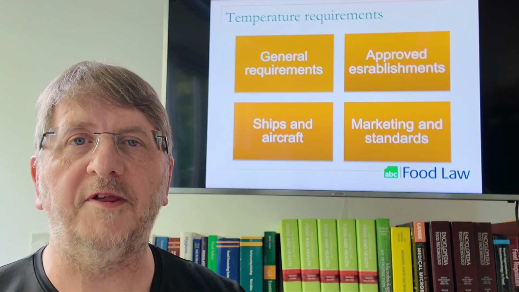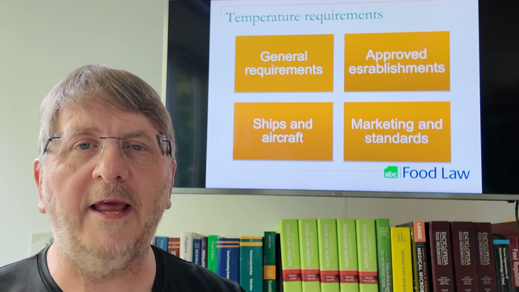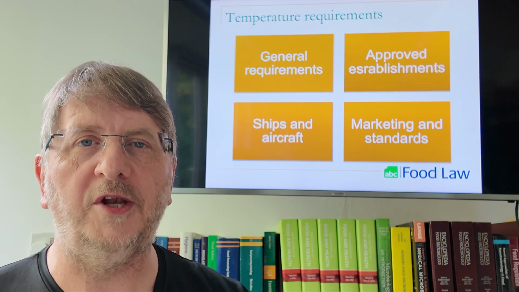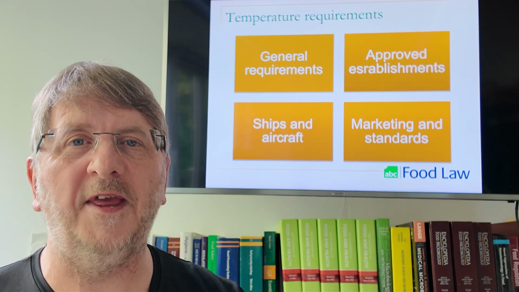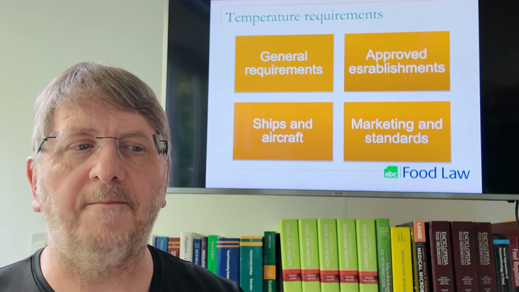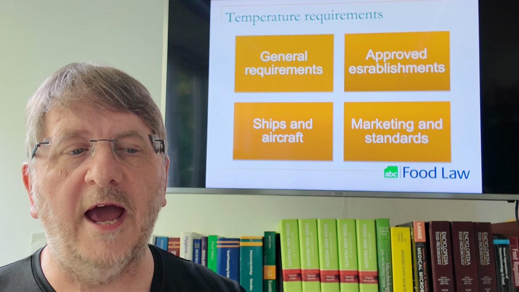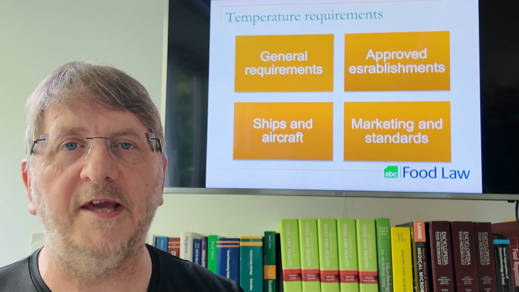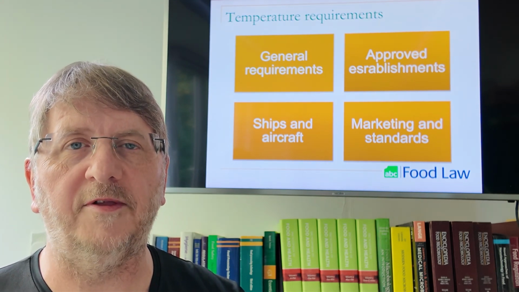Approved establishments are those placing products of animal origin on the wholesale market, so they could be things like meat products factories or dairies. Then ships and aircraft. And lastly, I'll deal with the marketing and product standards requirements.